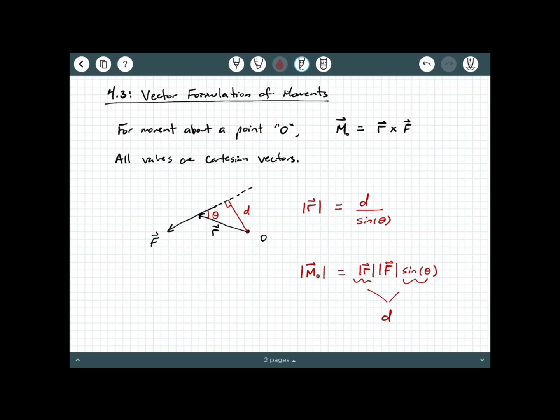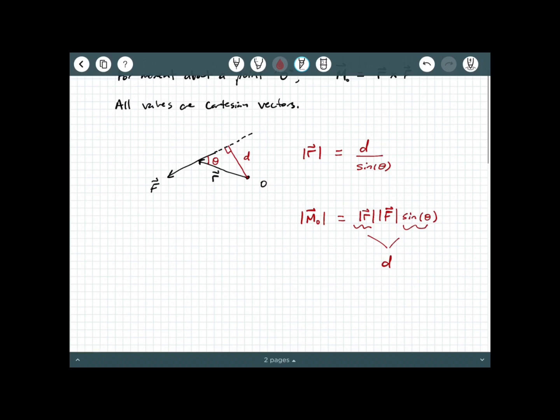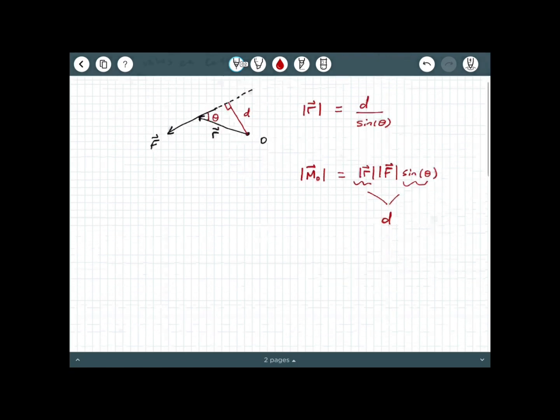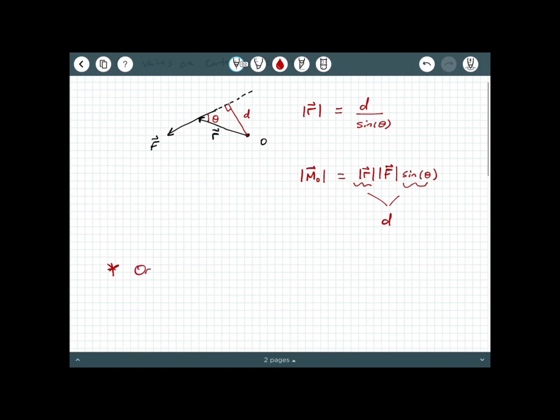You can apply the vector formulation directly with Cartesian vectors r and f, and you don't have to worry about trying to obtain the perpendicular distance. And this works in 2D, and it's really useful in 3D, okay? So again, back on cross product operations, remember that order matters, okay? So I'm going to make a note here. Order matters for cross product.